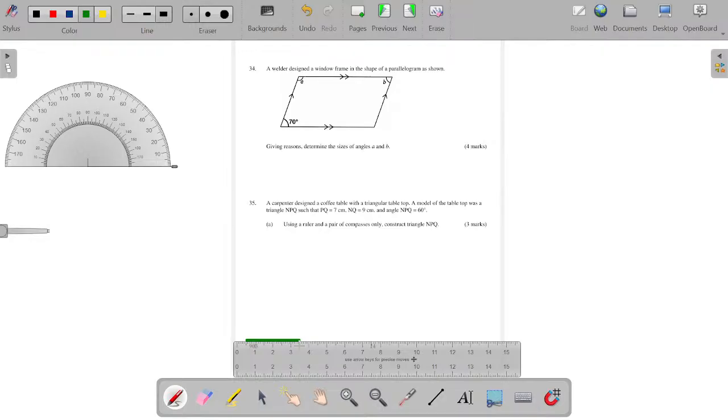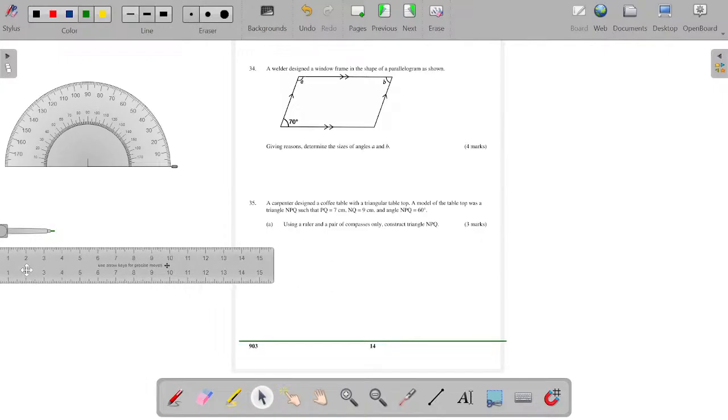Sorry, Control Z. Let me reduce the thickness of my pencil. I'll draw a line like that. I've drawn my line. After I've drawn my line, the length PQ should be 7 centimeters.